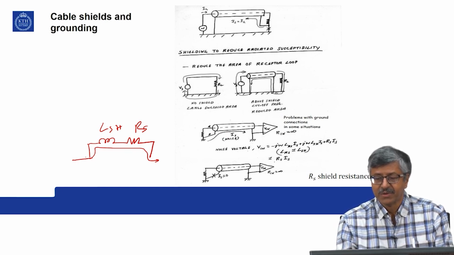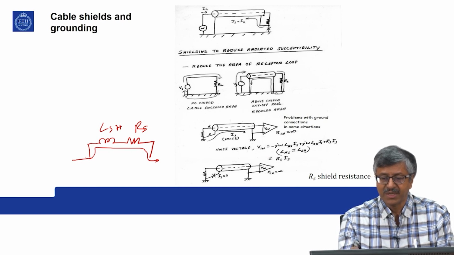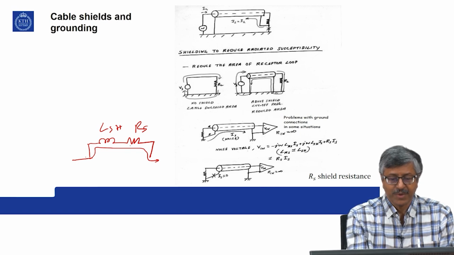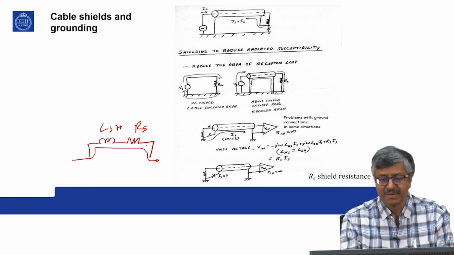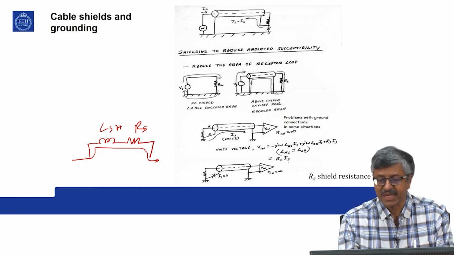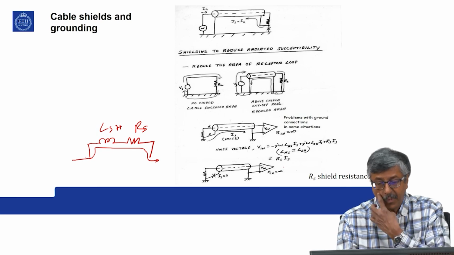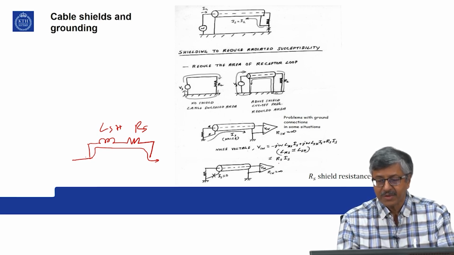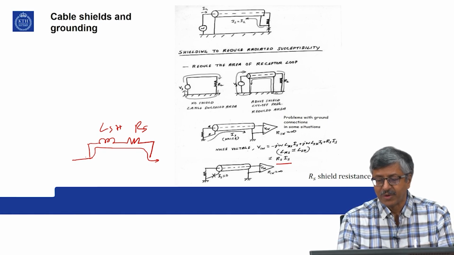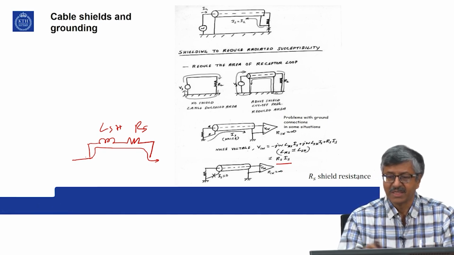So, this will lead the input voltage to the amplifier as, sorry, it is not the resistance drop, it is the drop across the shield resistance times the shield current. So, this quantity R s I s is the drop. This noise voltage will be superimposed on the signal. R s is the shield resistance.